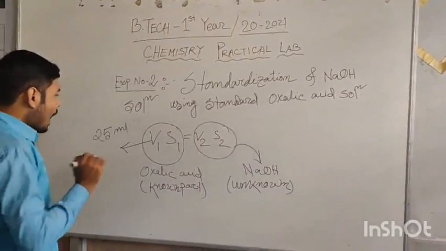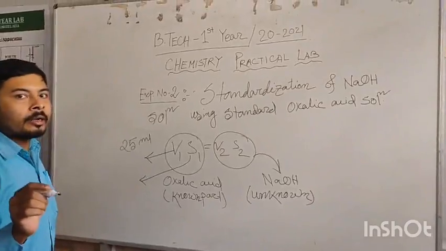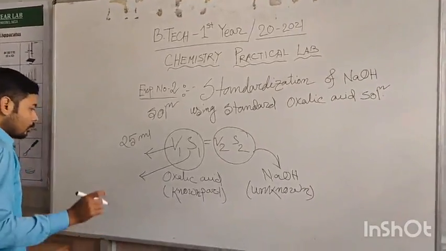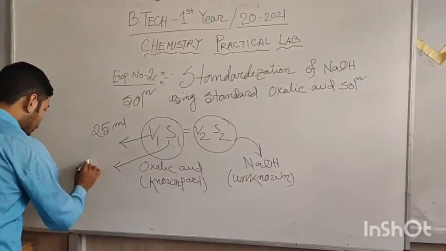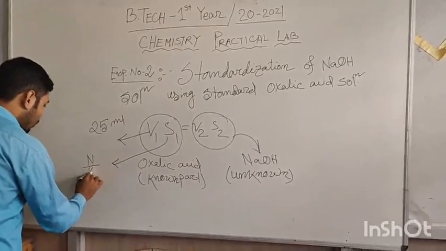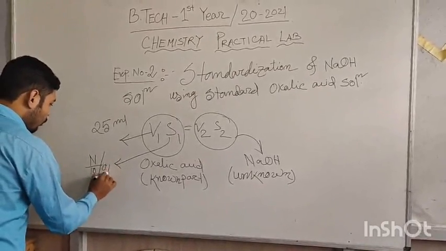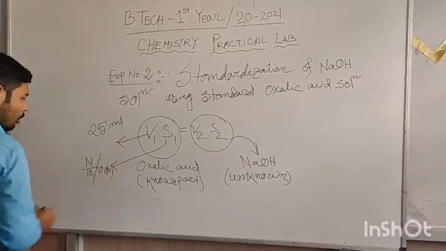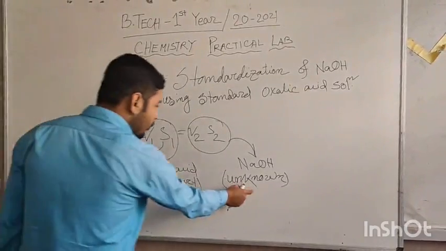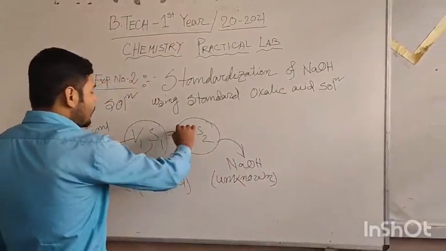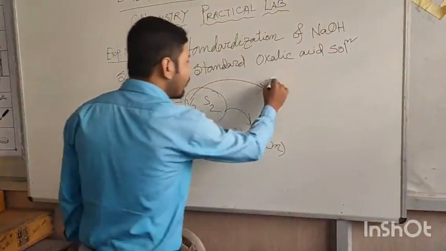And the specific strength, which is already calculated in your experiment 1, let us assume it is exactly N by 10, that is 0.1 normal. So this is your known part, and in the case of your unknown part, that is NaOH, this V2 you will get from the burette reading.